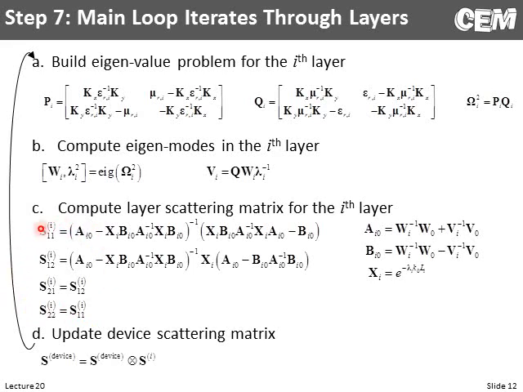We calculate just like we did for the transfer matrix method. We calculate a scattering matrix for the ith layer, and then we update our global scattering matrix using the star product with that ith layer. And we repeat this over each layer. Each layer we calculate the parameters, calculate the eigenmodes, calculate the scattering matrix, update the global. Go to the next layer, and we just repeat through all of our layers.